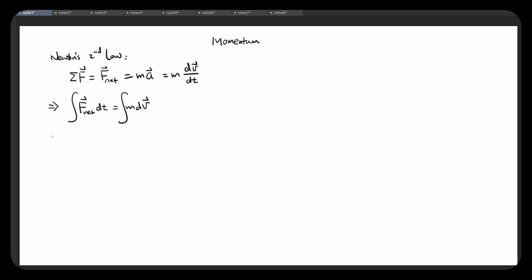Here the initial condition has time instant ti and velocity vi, and the final condition has time instant t final and velocity v final.